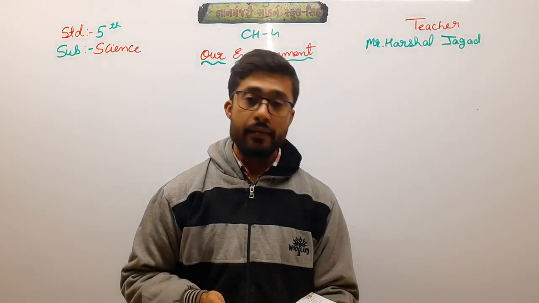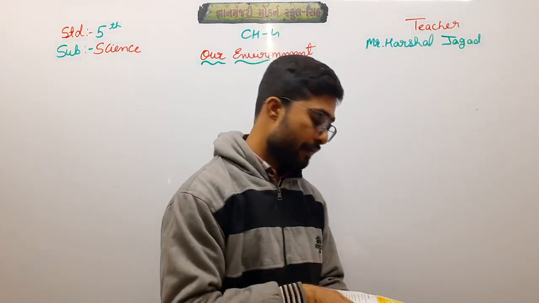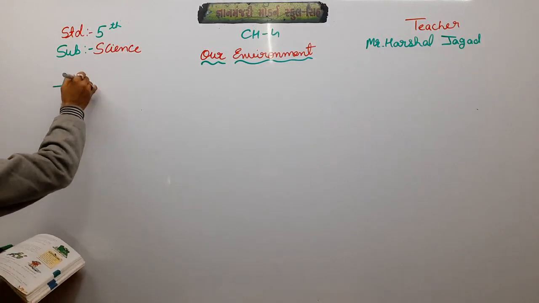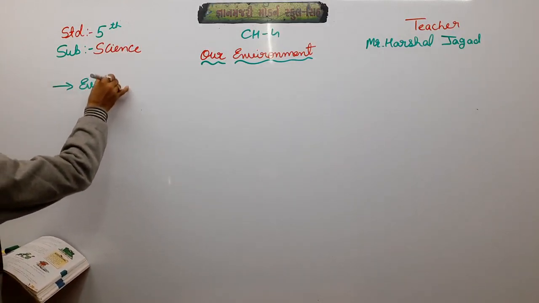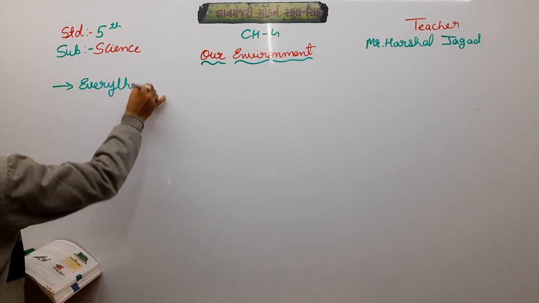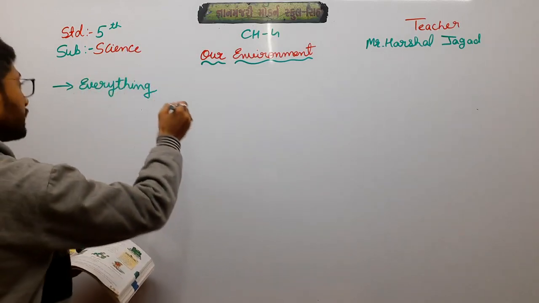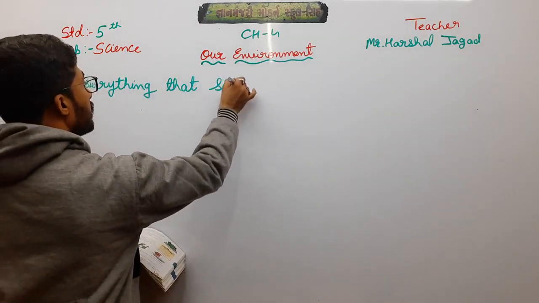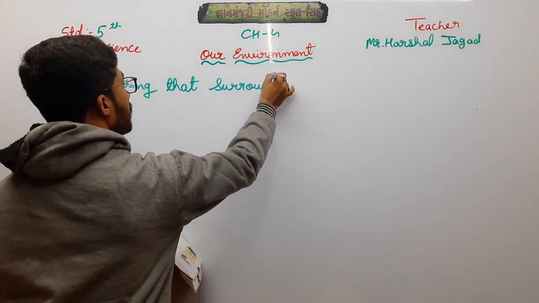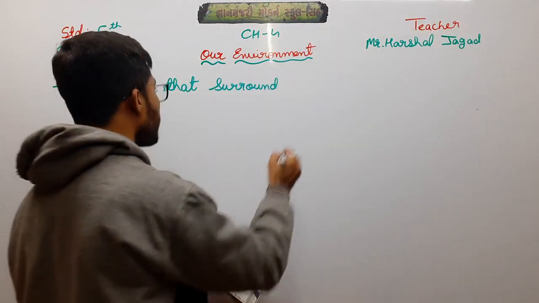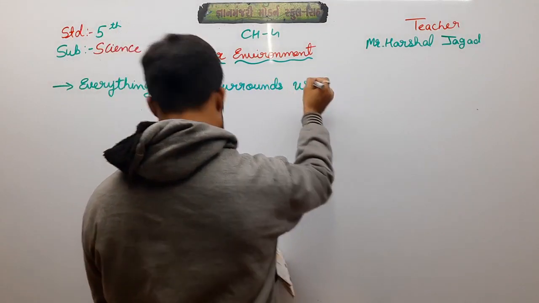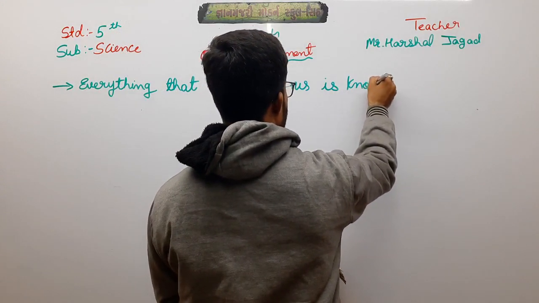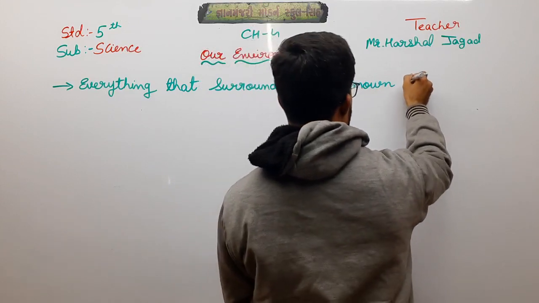So the first point we can write in this chapter is: everything that surrounds us is known as our environment.